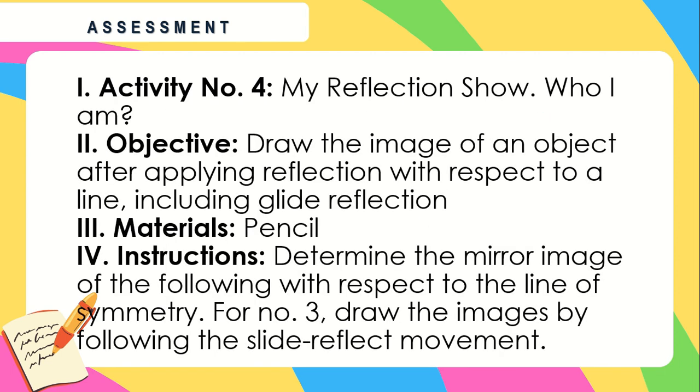Activity number 4. My reflection show. Who I am. Draw the image of an object after applying reflection with respect to a line, including glide reflection. Materials, pencil. Instructions, determine the mirror image of the following with respect to the line of symmetry.